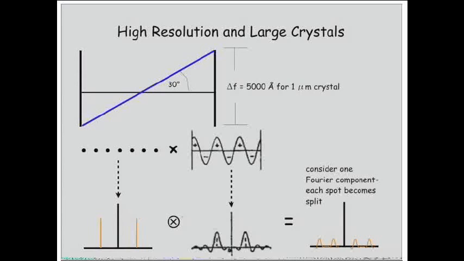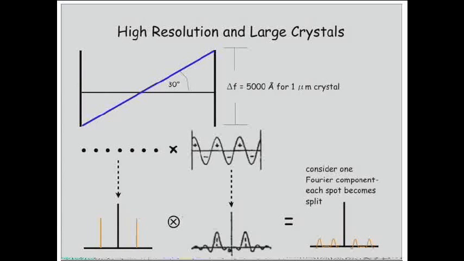So at each peak position in the diffraction pattern, we end up with this double peak structure. Think of this as a diffraction spot: it gets split. So instead of a single spot, we get a splitting of the spot.